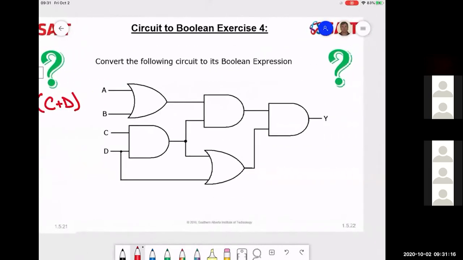Exercise 4. Seth, can I get you to do this one, please, Seth? All right. The first one would be A or B. Yeah, so I've got this big equation. I haven't written any steps here, but I can simply say, okay, I know this one here, that's A or B, baby steps. And then it would be C and D. Yeah, that one there. C, D, yep.